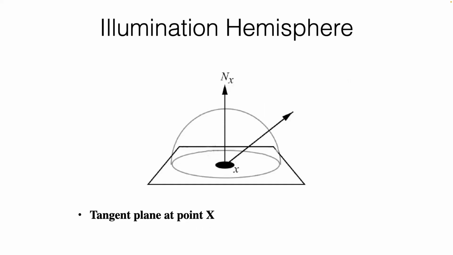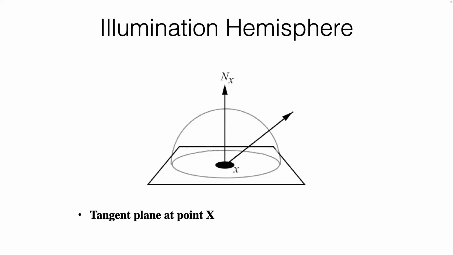And as I mentioned, the illumination hemisphere is what happens at each point of every surface in the scene. You consider the tangent plane of this point and all the rays that go into the incoming illumination hemisphere and go out in the outgoing illumination hemisphere.